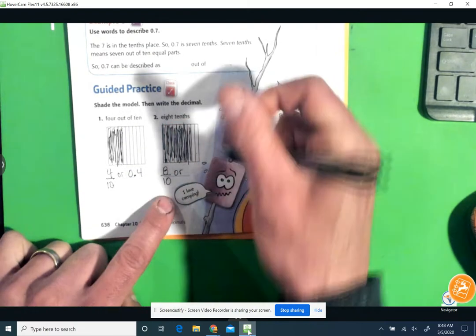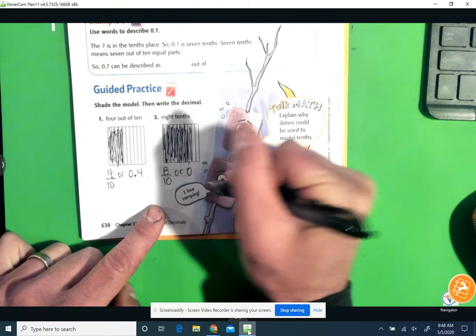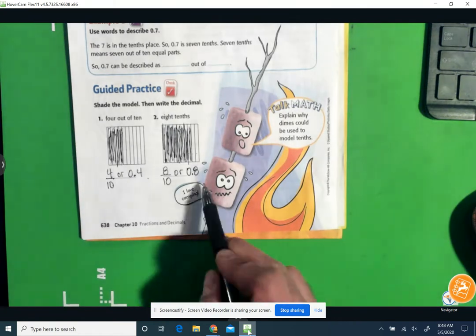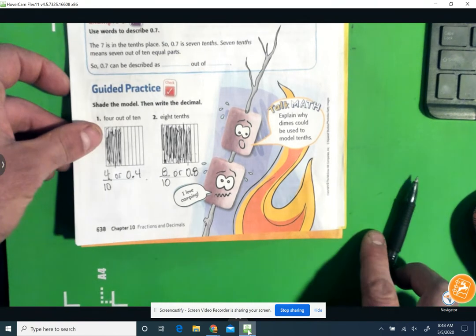Or, because it's less than 1, we don't have anything in the ones place. We have 0. Put your decimal point and write your 8. 8/10. Okay? All right. So that won't always be a 0 in that ones place. Okay? But for now it is.